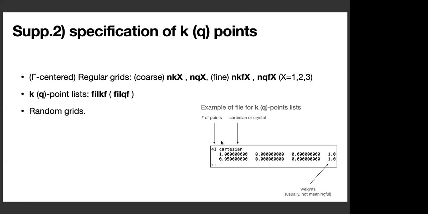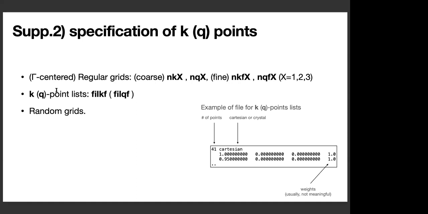Both of them should be exactly the same as your previous NSCF and phonon calculations. In the case of the fine grid, there are additional input flags, nkf1, nkf2, nkf3 or nqf1, nqf2, nqf3. Using these, you can introduce the Gamma-centered regular grid for the dense grid case.